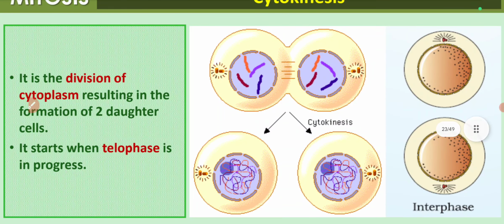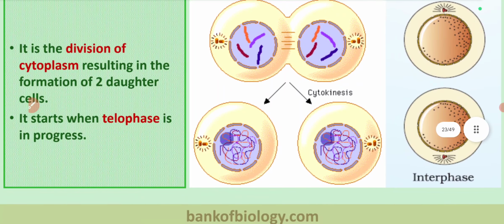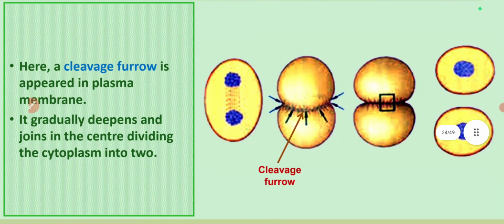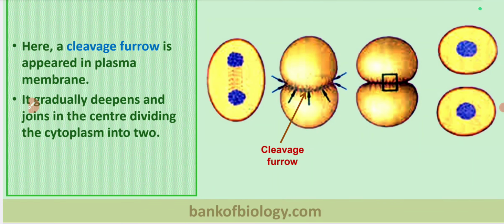Next is your cytokinesis. Cytokinesis means division of cytoplasm. It is the division of cytoplasm resulting in the formation of two daughter cells. It starts when telophase is in progress. In animal cells, a cleavage furrow appears in the plasma membrane.